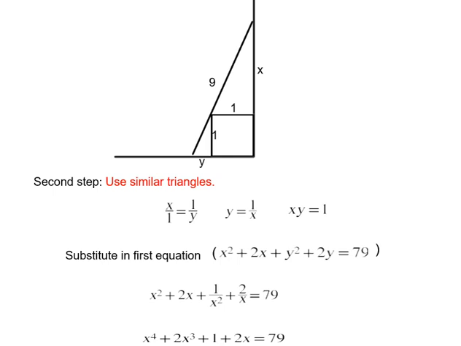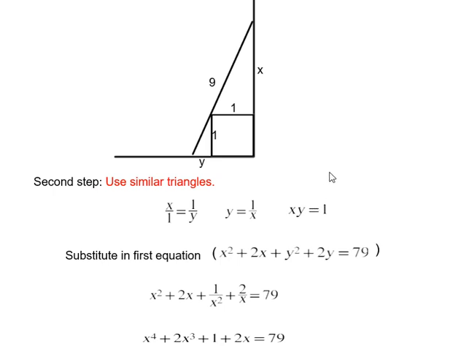The next step was to use similar triangles. Now, this triangle here is similar to this triangle here. So we can say that 1 over x is equal to y over 1. Or x over 1 is 1 over y, same thing. And we get y is 1 over x, or xy equals 1.